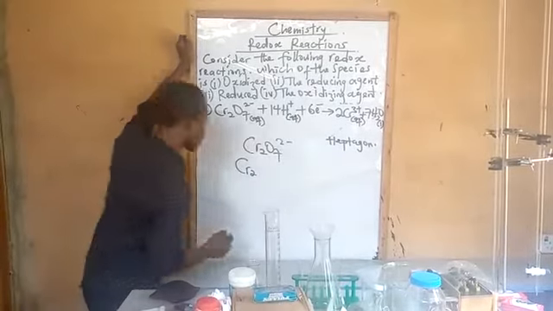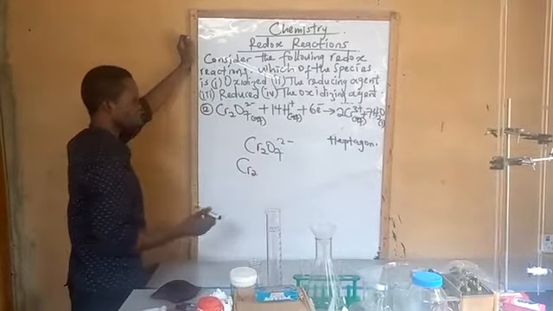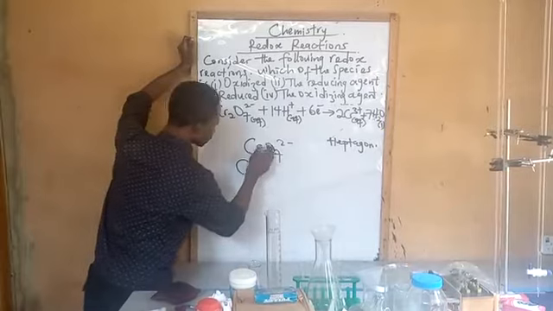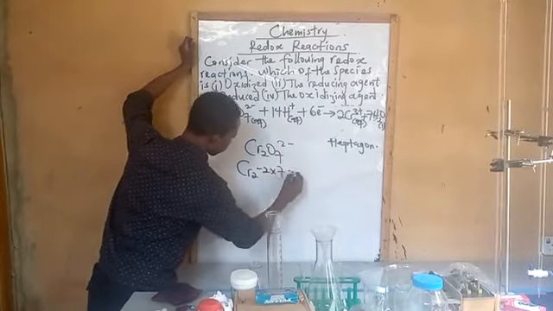Now, what is the number we are going to attribute to it? This is a little calculation. What is the oxidation number of oxygen? That's -2. You multiply by 7, that's -14. The charge outside is -2. So 2Cr plus (-14) equals -2.